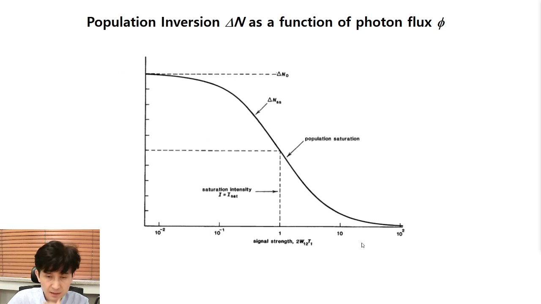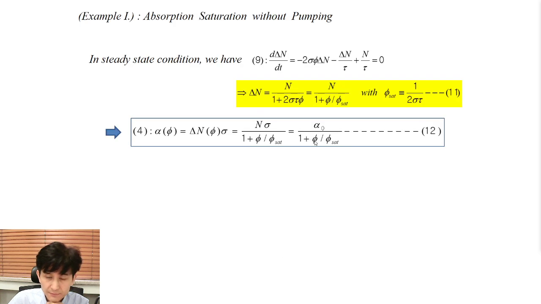This is how it happens. If the intensity or photon flux becomes the saturation photon flux, then the absorption becomes 1/2 of its original.